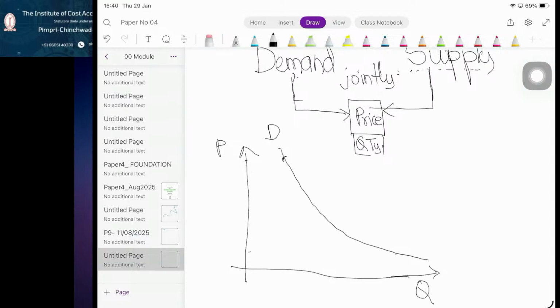So we get something like a downward sloping demand curve. Are you all fine with this? Now, how do you think the supply curve works? How does the supply curve work? What do you think?